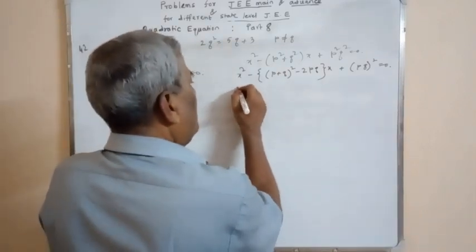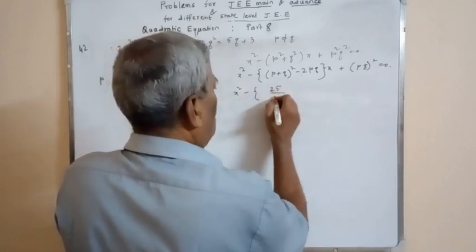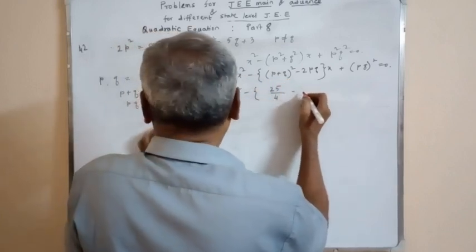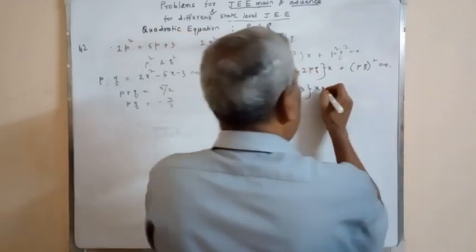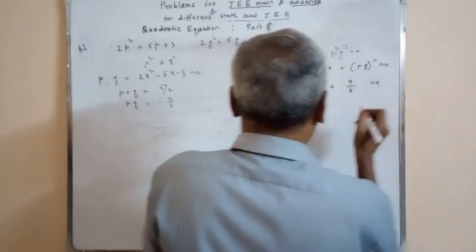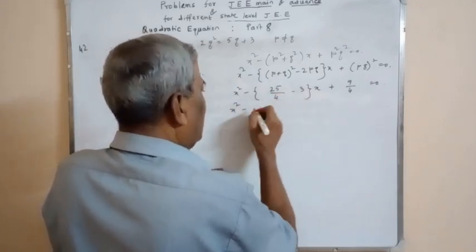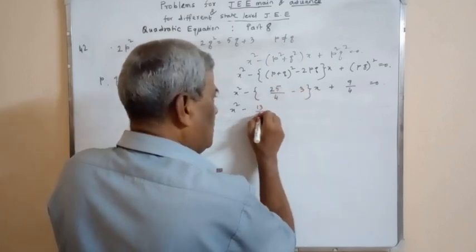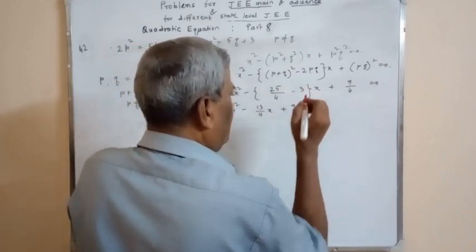This is x square minus (5 by 2 whole square, that is 25 by 4, minus 2pq, that is 3) into x plus pq whole square is 9 by 4, that is x square minus (25 minus 12, that is 13 by 4) x plus 9 by 4 is equal to 0.